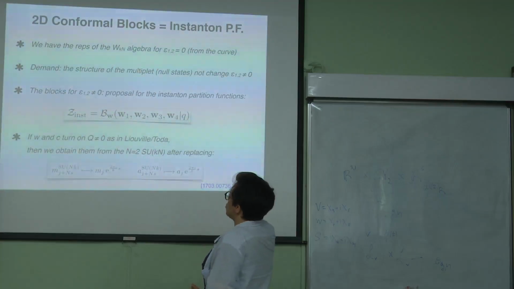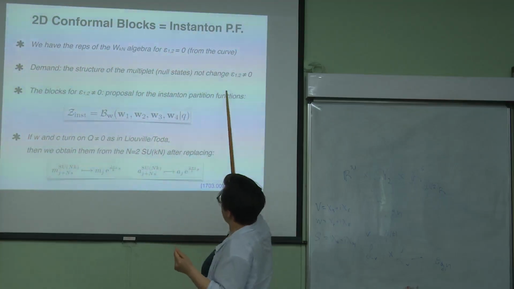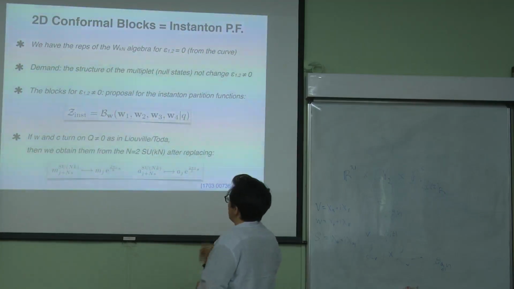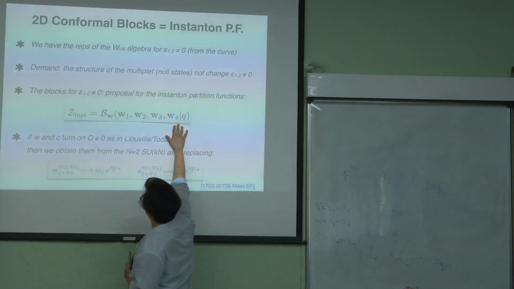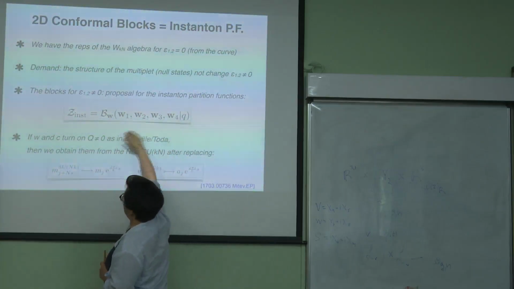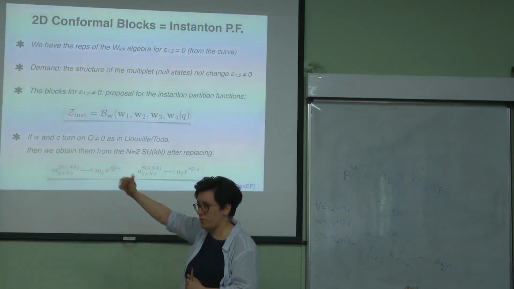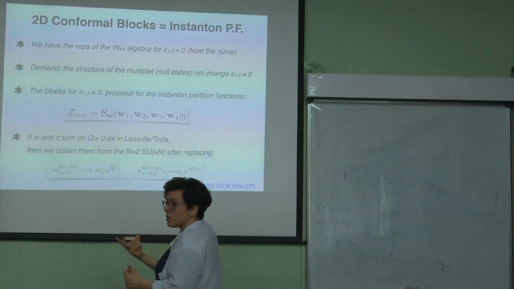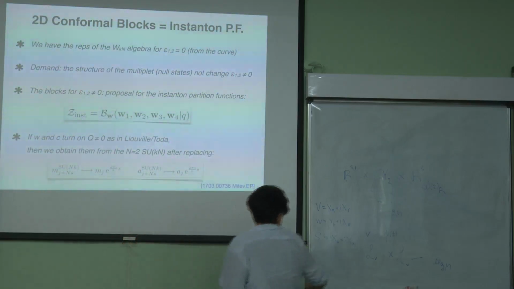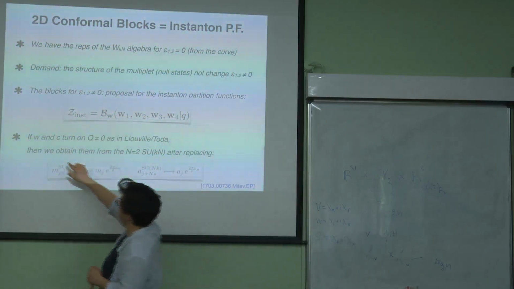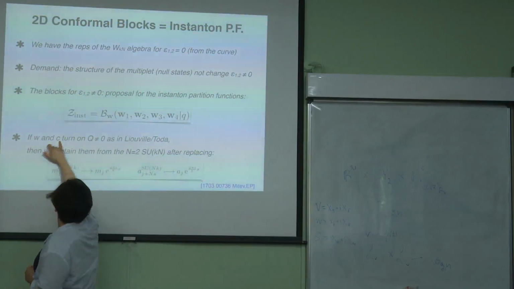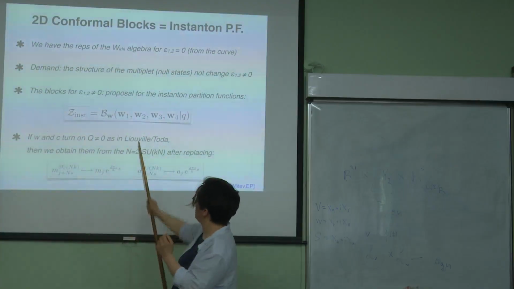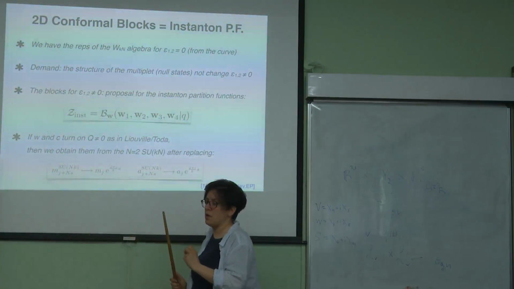Then there is assumption number two. And by the way, the moment you make this assumption, you can immediately write something down. You just write it. Now, you need to tell me when you write this object down, precisely what is the map between these W's and the masses and the a's and all of this stuff that you write. So, in order to do that, you need to know how to turn on the epsilons. So the assumption there is that I turn on in the W's and in the central charge, because the central charge is also in here, the Q precisely the same way as in the naive Liouville and Toda.